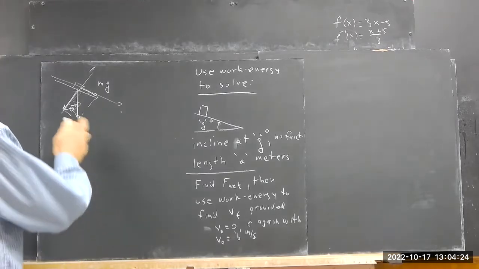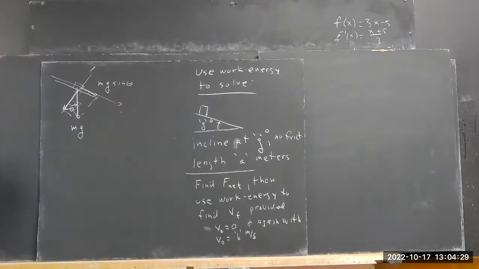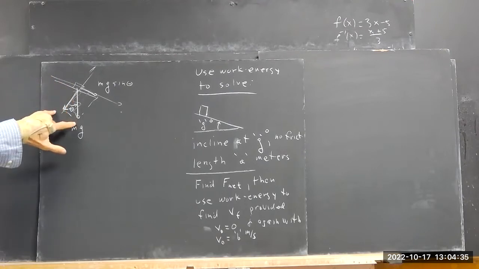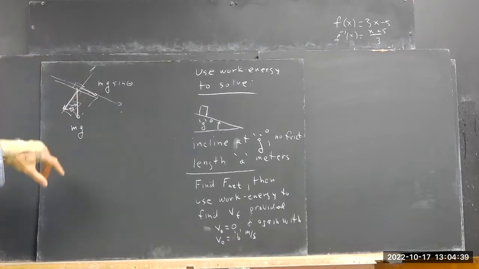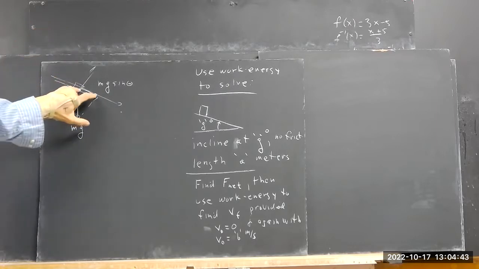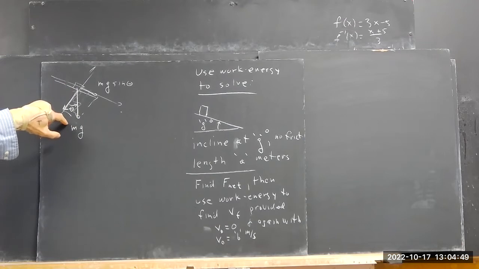Then that's going to be mg sine theta, because you've got a triangle here with theta, side opposite is here, which is identical to this, because this is all a rectangle. It's a parallelogram, but it's a rectangle in this case. So you see that this is identical to this, and in the triangle here, that's opposite your angle theta. And there's your hypotenuse, just hypotenuse times the sine of theta.